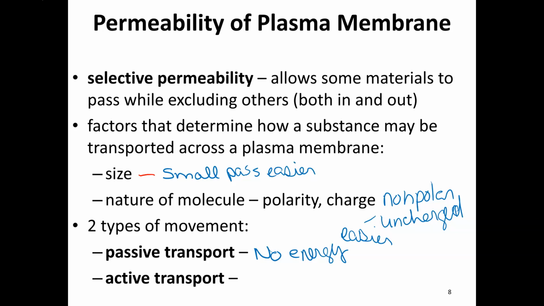So, the other is active transport. With active transport, there's going to be some form of energy required. Typically, the energy that is used is in the form of ATP. That's the most common energy used.